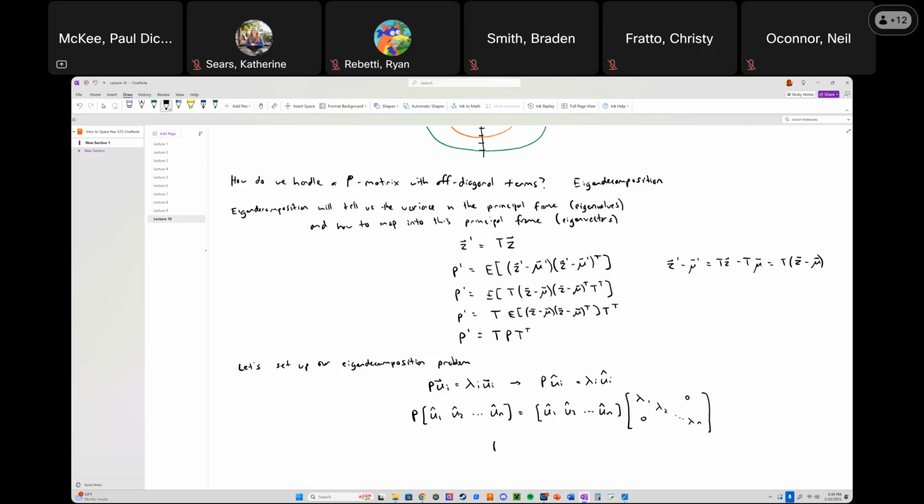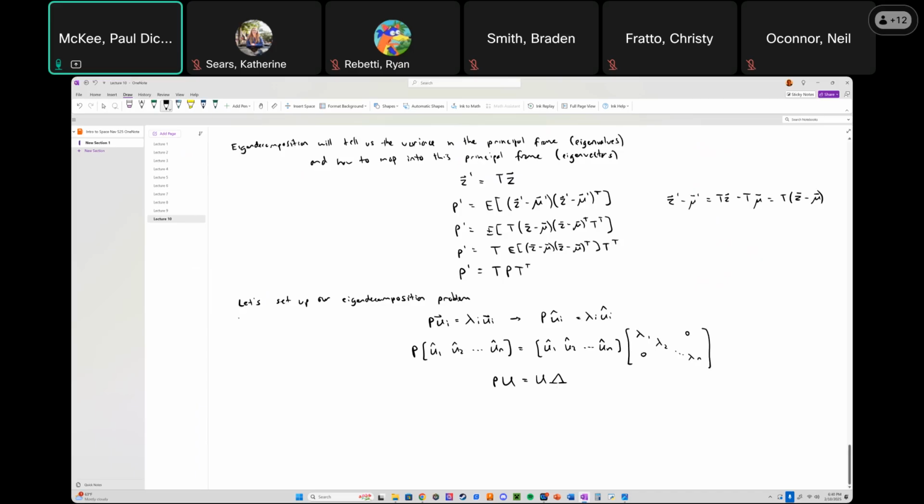Or P times the matrix capital U, which is just all these vectors scaled, is capital U times capital Lambda, which is just a square n by n matrix with lambda along the diagonals.